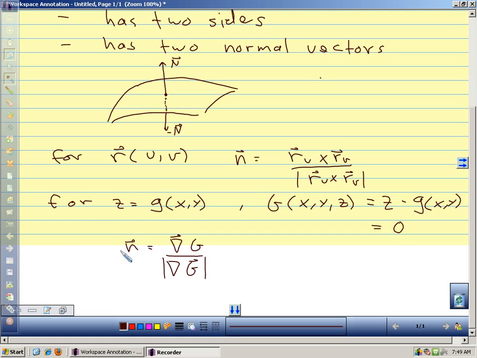And negative n is going to give me a normal vector in the opposite direction. So these are our unit normal vectors for our orientable surfaces. Everybody good with that? So this is one thing that we need to be able to do to write our surface integrals for vector fields, is come up with a unit normal vector.